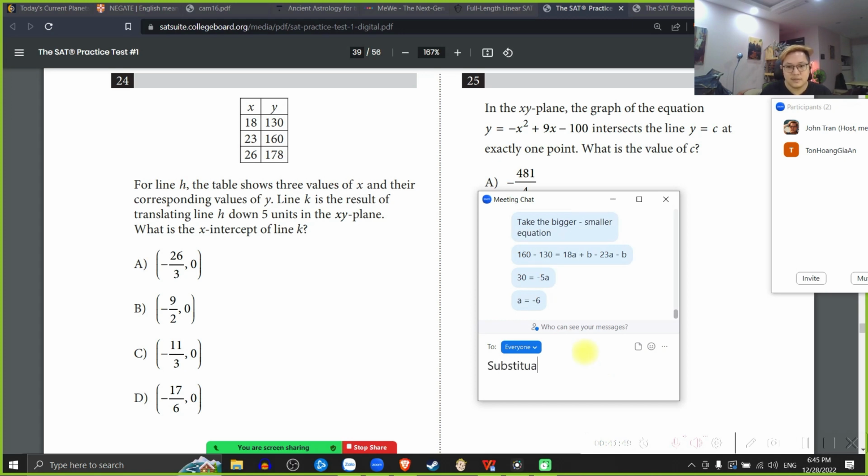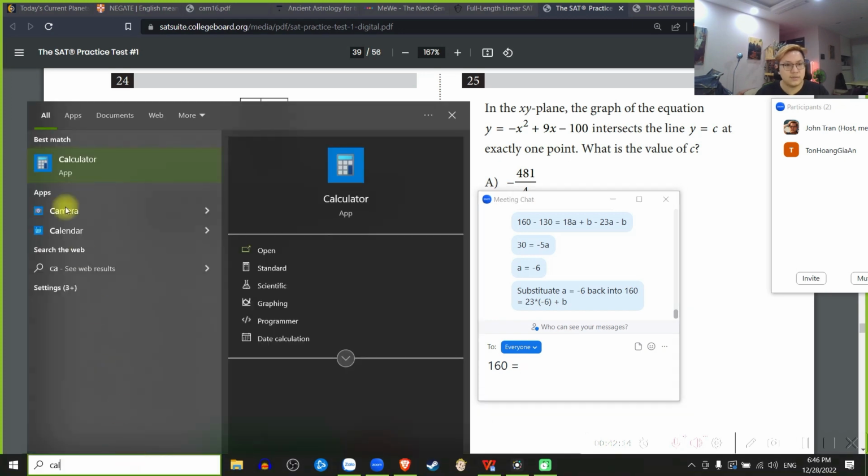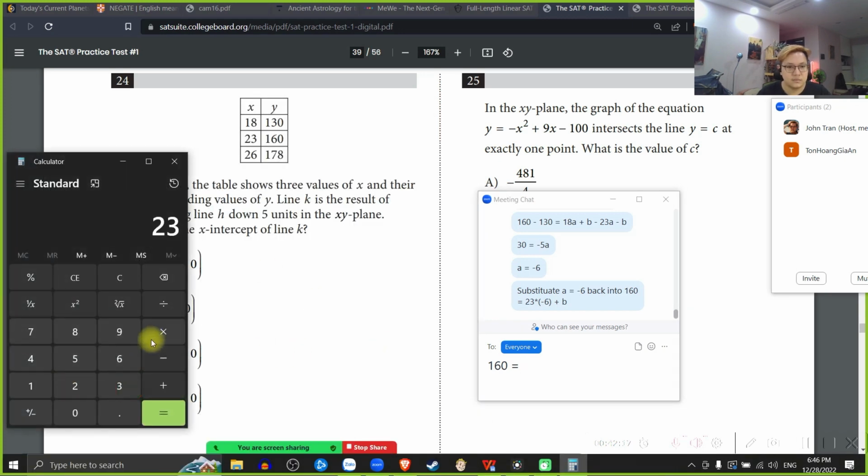And then substitute a equal to minus 6 back into one of the equations up here. Let's just take 160 equal to 23 times minus 6 plus b. What do you have? 23 times 6 is 138.